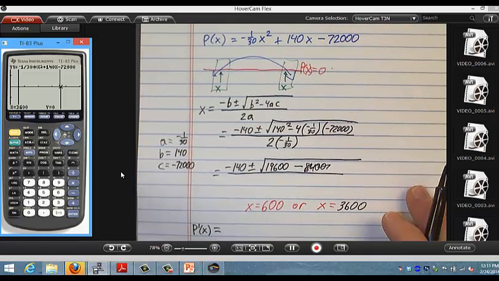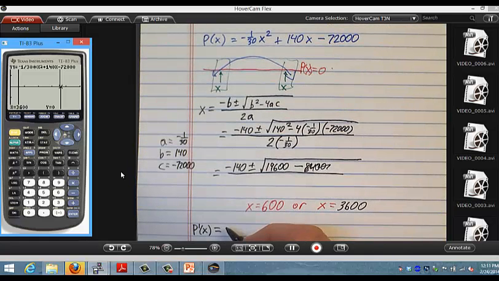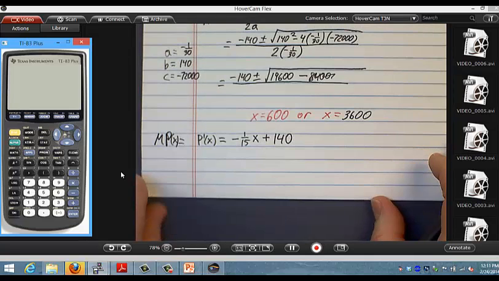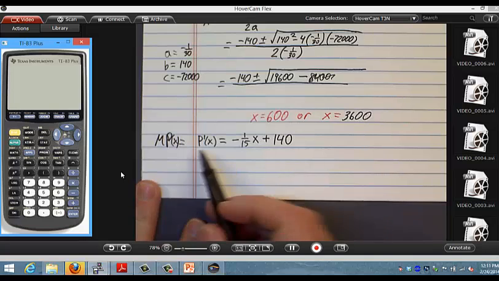When we take the derivative, we get negative 1/15 x plus 140. And by the way, this P prime of x, another name for it would be the marginal profit. So that's the marginal profit function.